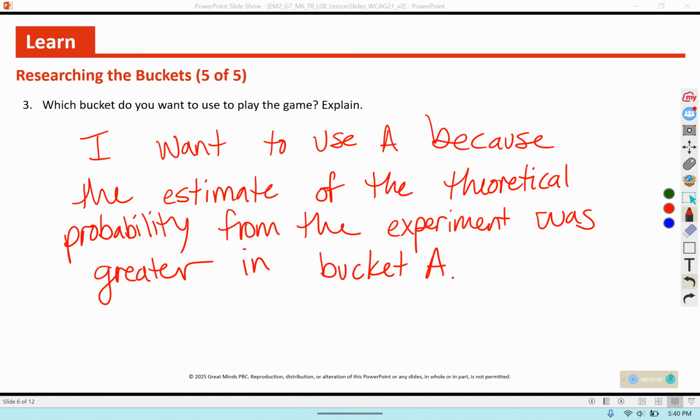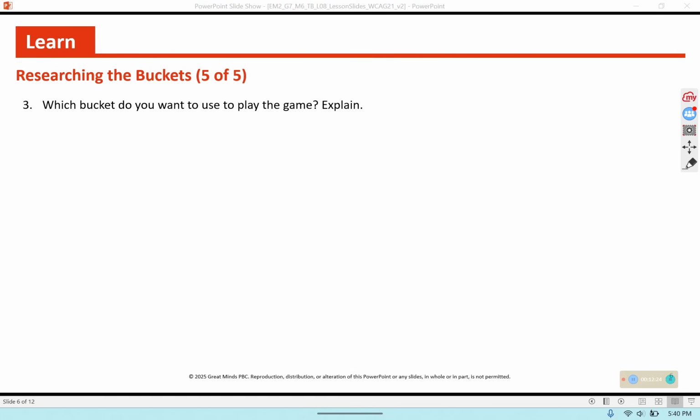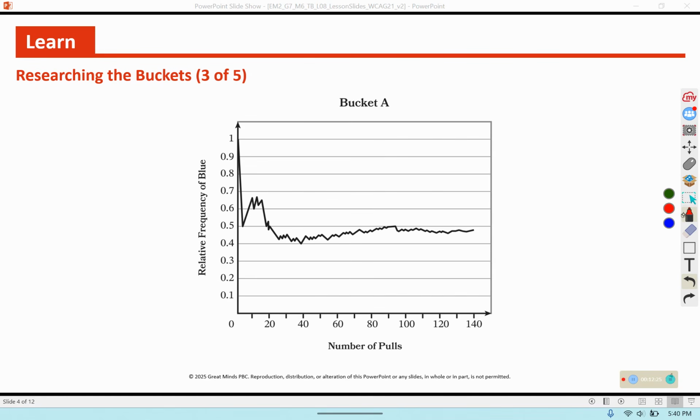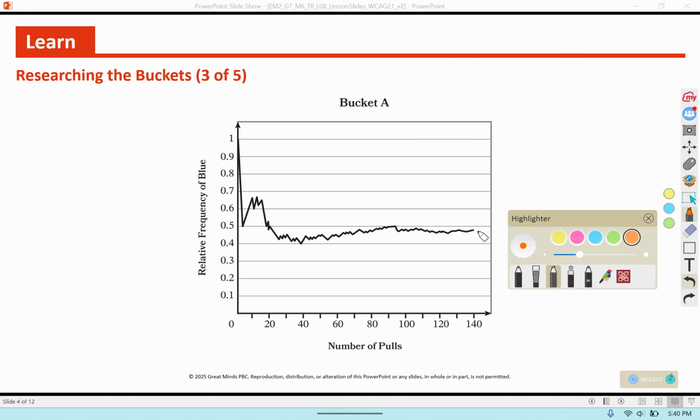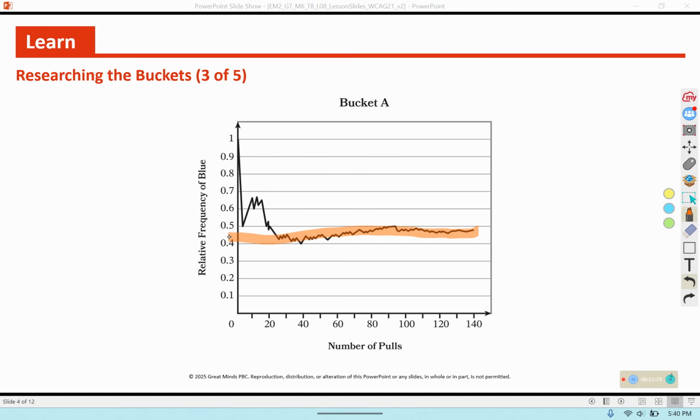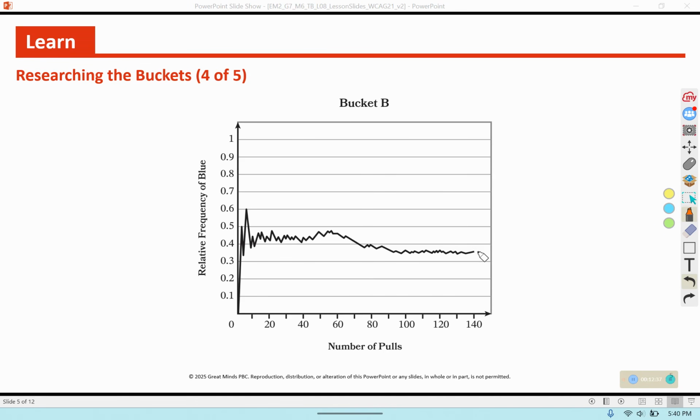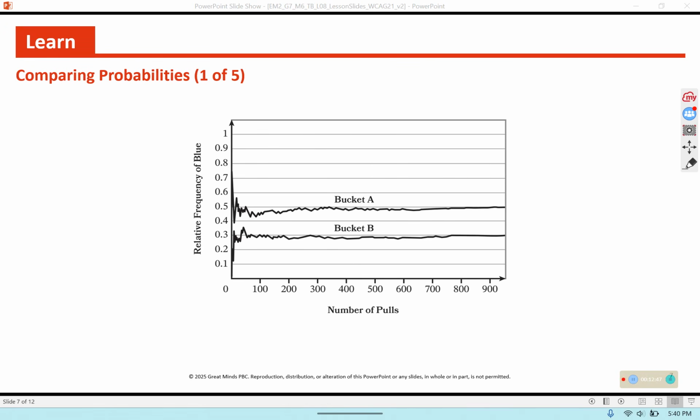And I'll go back and show you in just a second. A is in between 0.4 and 0.5. But B was between 0.3 and 0.4. So bucket A had a greater estimate. Here you can see those graphs.